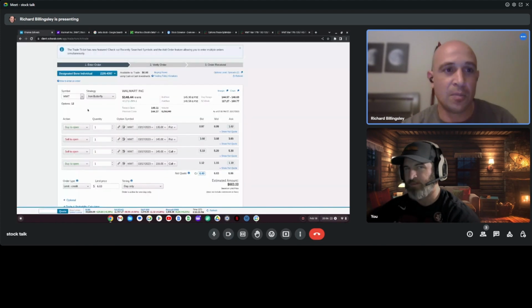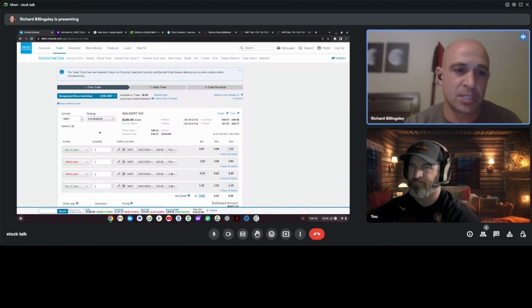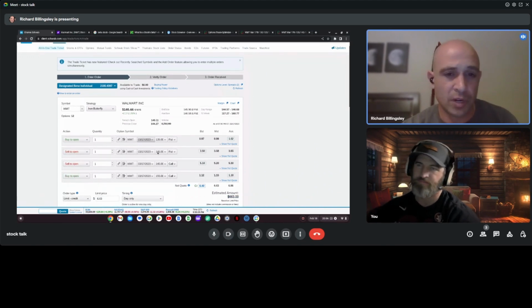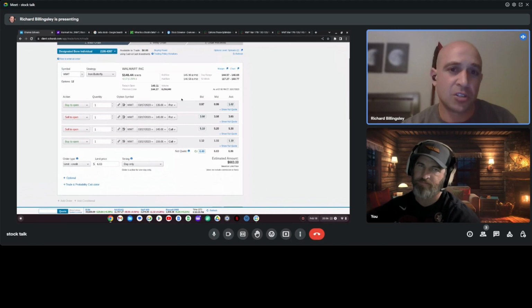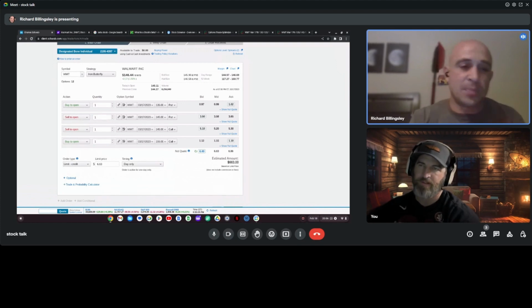Now, after you purchase this, it breaks it into four different trades. So they're going to charge you four different times for the actual trade price. I think it's 65 cents a trade. So 65 times 4, quick math, it's like $2.50 or something like that. Keep that in mind when you're doing these trades. You are doing four separate trades.